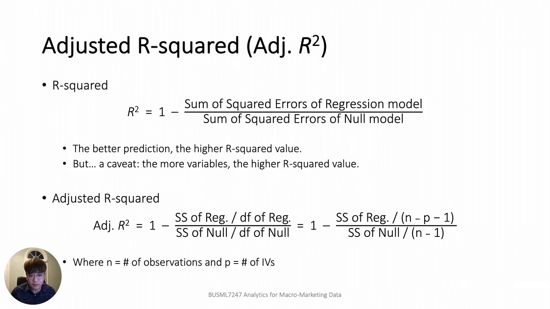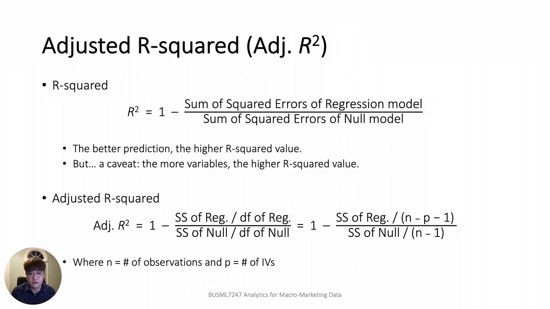It is computed from the ratio of the sum of squared errors, but each sum is adjusted by its df, which is degree of freedom. The degree of freedom is simply explained as the amount of information used to compute the sum of squared errors. The total amount of information in data is the number of observations in the data, usually denoted n.